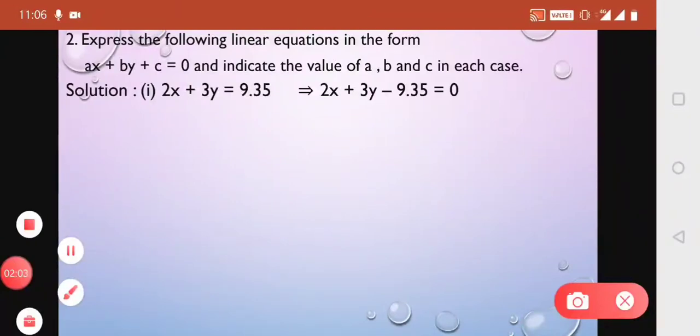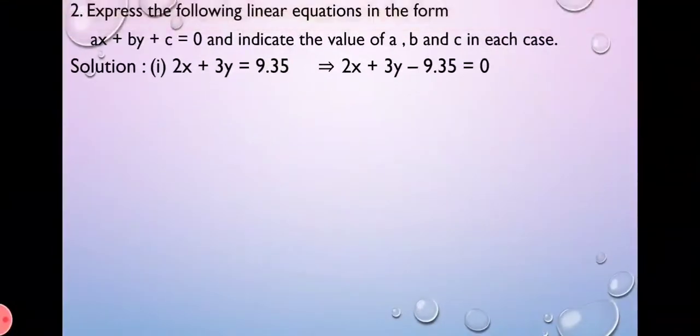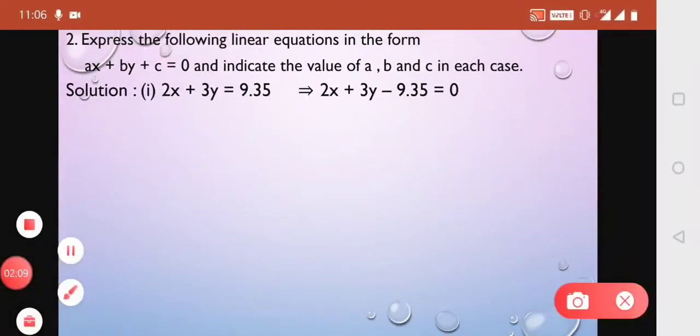9.35 bar. Here bar is there, so this is called 9.35 bar. So students, please copy the bar also when you are copying this. Now this is not in the form of ax plus by plus c equal to 0. So we make it in that form because we need 3 terms on the left hand side.